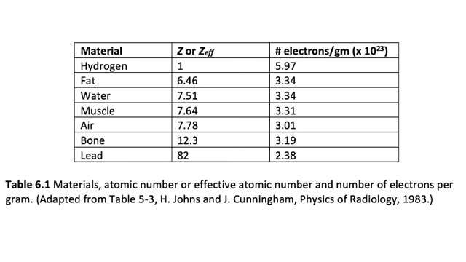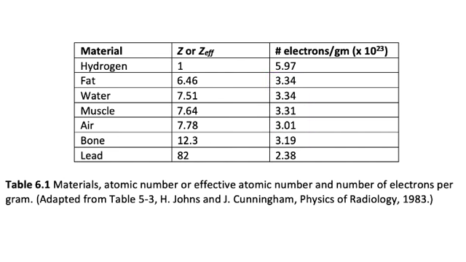You have more electrons, you have more Compton scattering, right? So you'll see here that most of these materials have approximately the same number of electrons per unit gram. And that means that the amount of Compton scattering is going to be approximately the same in these materials. So that's the first basic learning point.